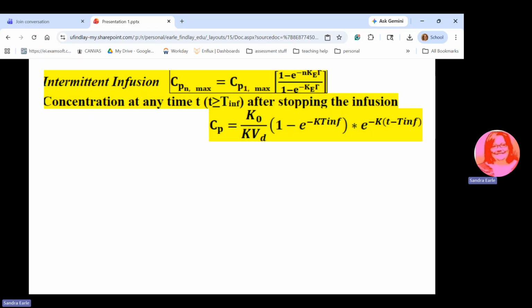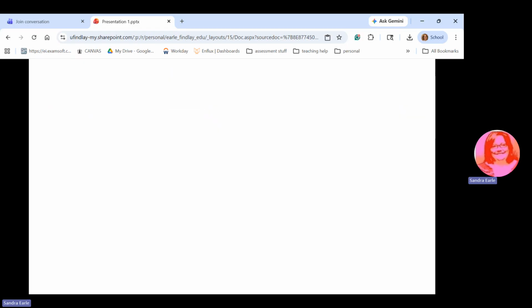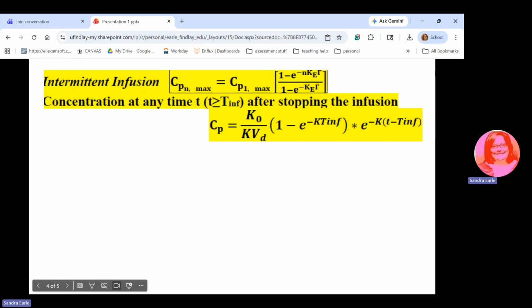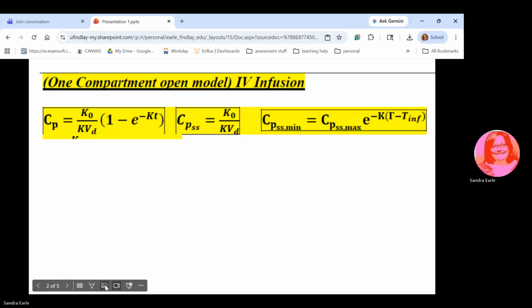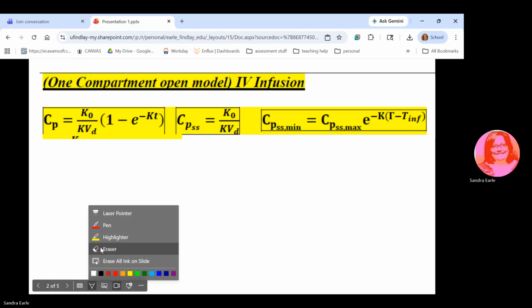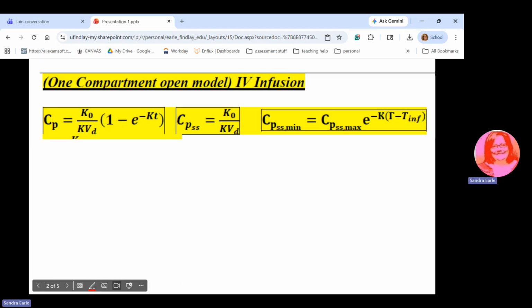But now we're going to be talking about a continuous infusion. So if we're going to give a continuous infusion, it's a very different situation, isn't it?